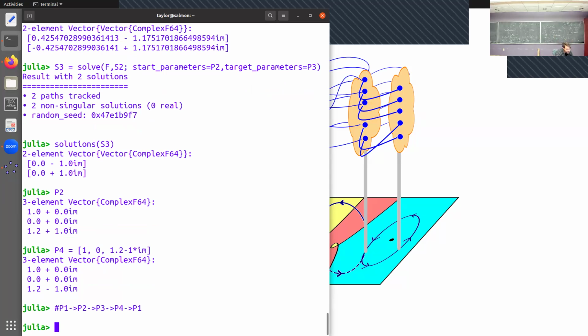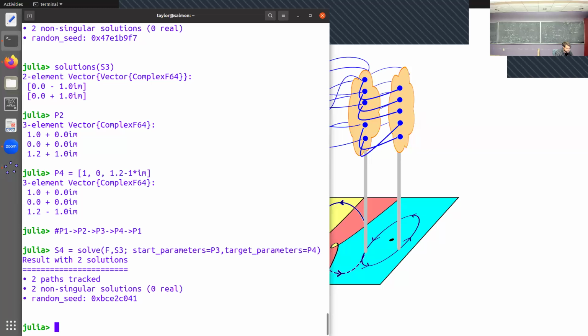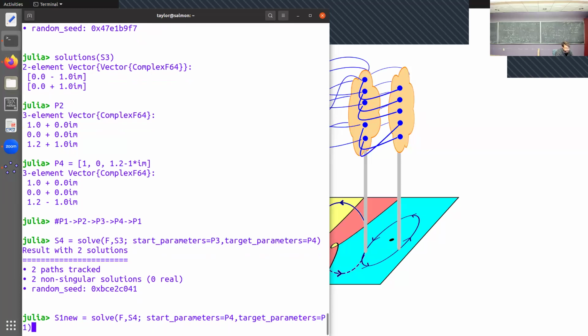Okay. So great. So S4 will be solve F starting at S3, start parameters equals P3, target parameters equals P4. Okay. And then S1 new, we solve F, S4, start parameters equals P4, target parameters P1.